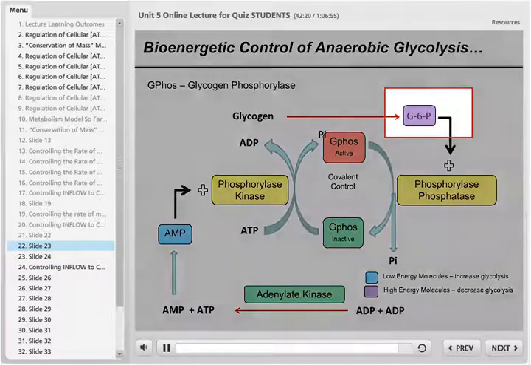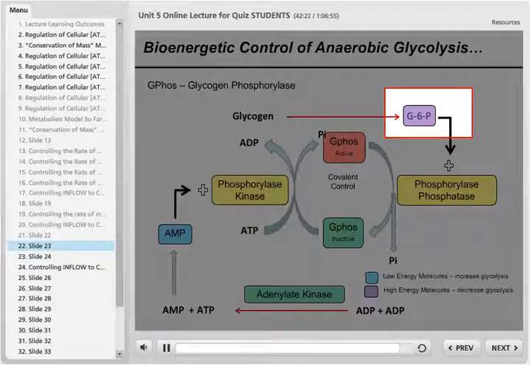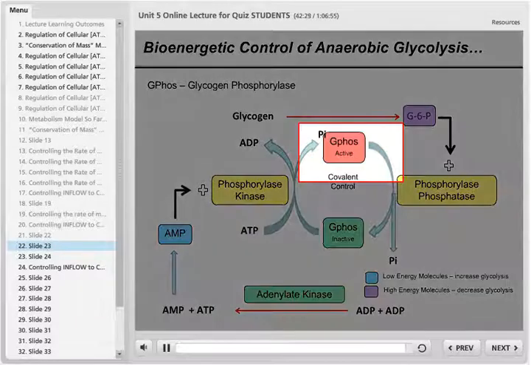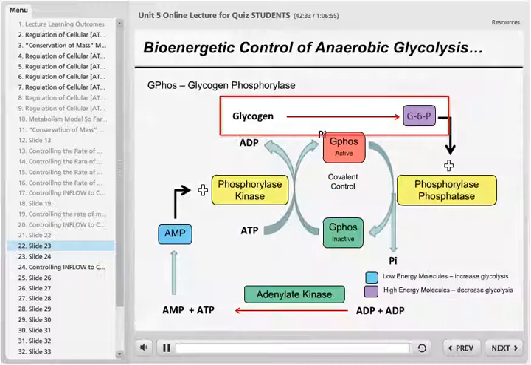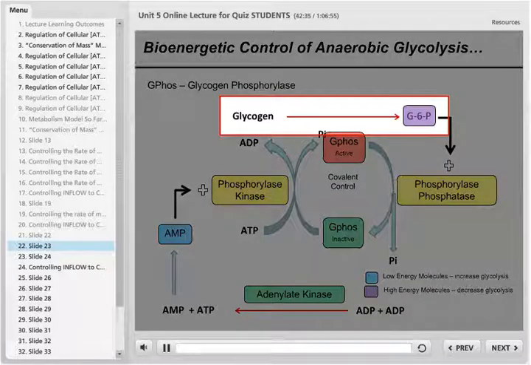And if this isn't being used and accumulates, then there's the recognition that we don't have to create more of it, and we have a reduction in the conductance for this reaction.